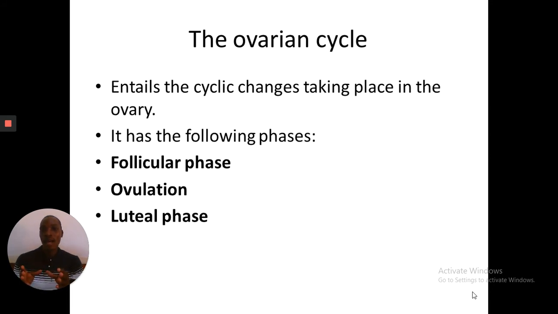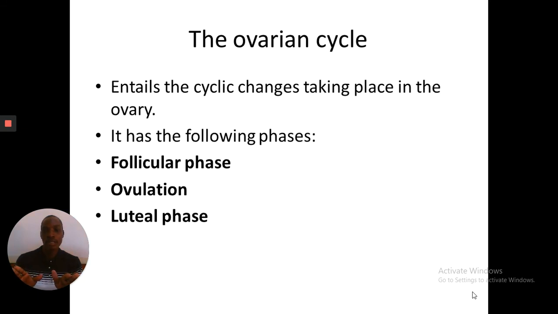So we are in the ovary now, and remember we said an ovum is being prepared and released for fertilization. So what happens? This process takes place in 3 phases. We've got the follicular phase, the ovulation phase, and the luteal phase.